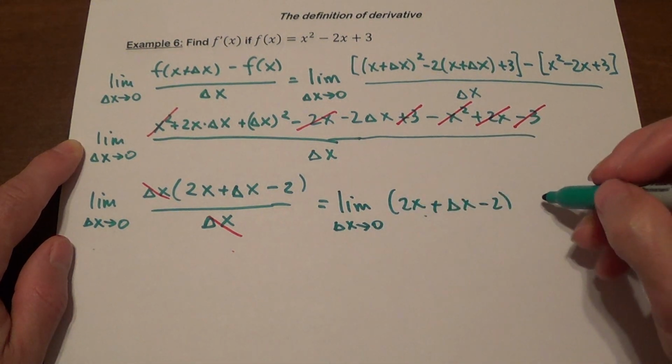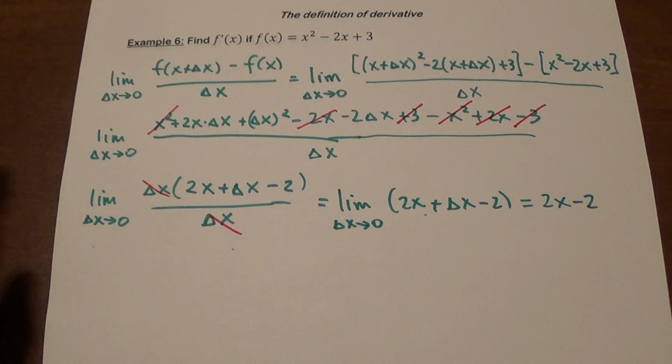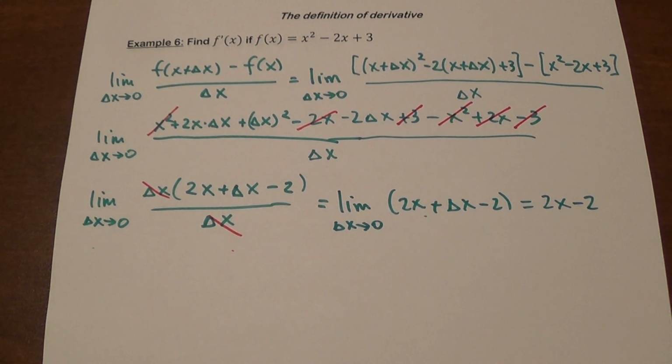Delta x becomes 0 and your answer is going to be 2x minus 2. It is something that you should expect here because you don't have a value for x, and that means you are going to have something with x in it. But please remember, the nice thing about this, now that we have this expression, we can evaluate this derivative at any point we want. We can simply take any number and find it this way.